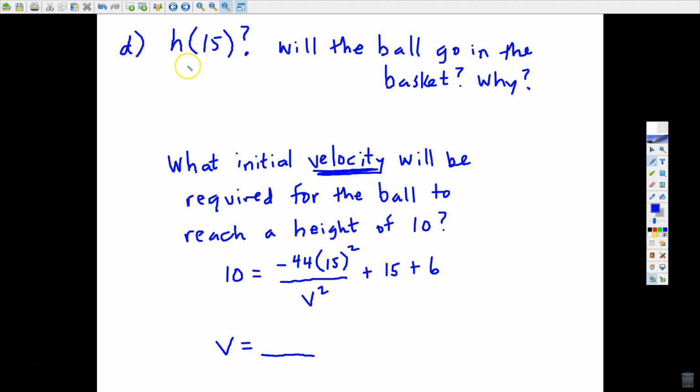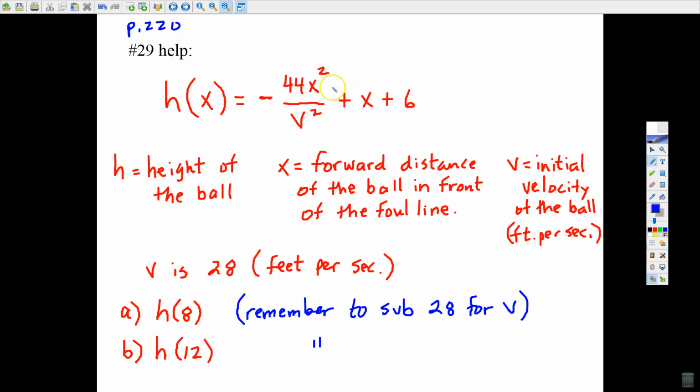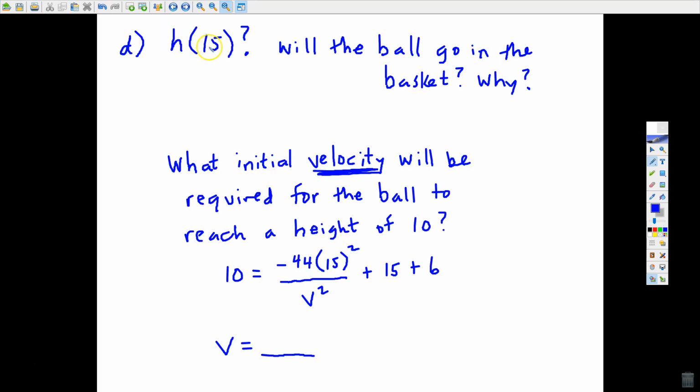Part D says the center of the hoop is 10 feet above the floor and 15 feet in front of the foul line. So will the ball go through the hoop? Why or why not? Well, given what we were told earlier, just using this same function and evaluating h of 15, I want you to see what comes out, and that's going to be the height of the goal.